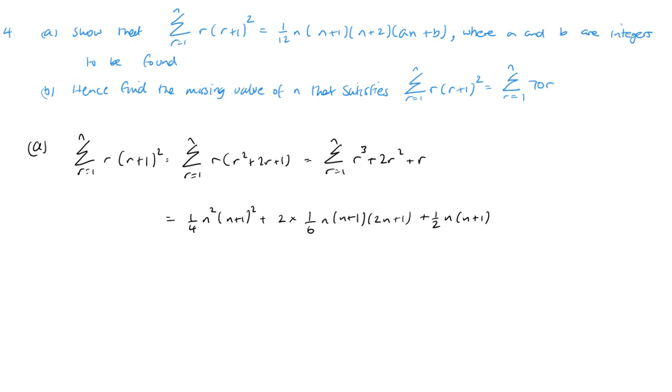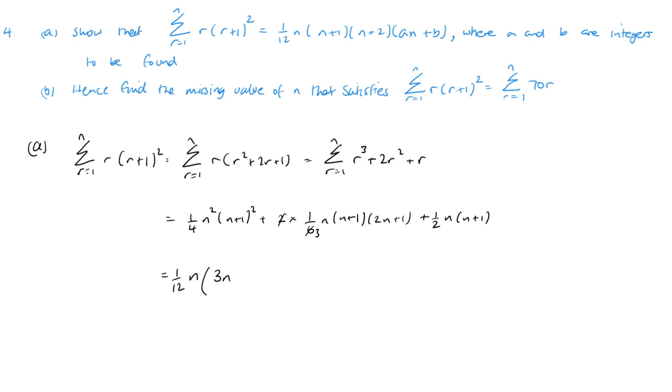Okay, well, I'll just make that a third. So you can see that a quarter, a third and a half, you can take a 12th out as a common term. And we got n squared, n and n, so we can take n out. So let's go with that, 1/12 n. So if I take a 12th out of a quarter, it's got to be leaving me with 3.